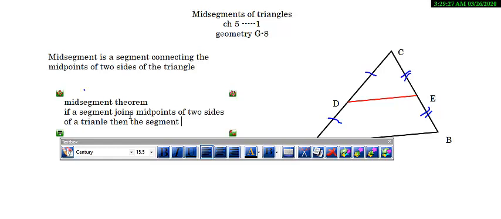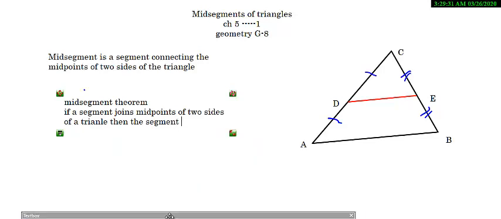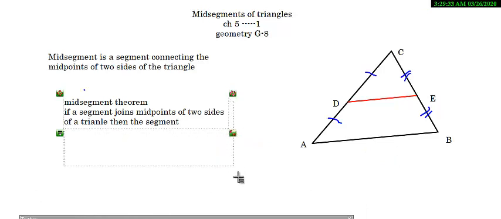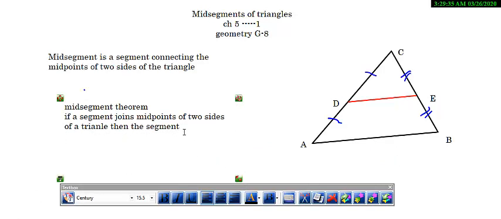do two things, or we get two conclusions from this theorem. The first conclusion will be the segment will give us two things.